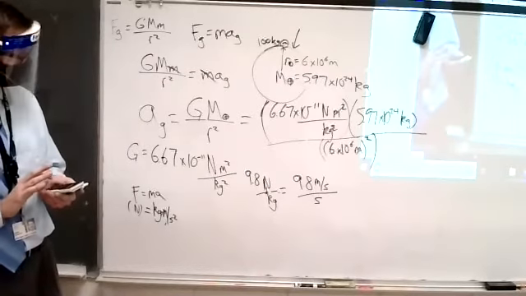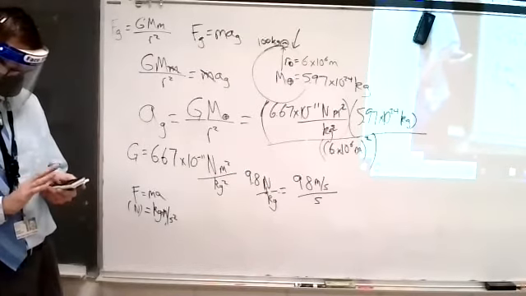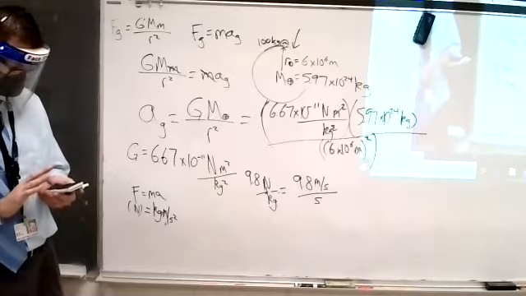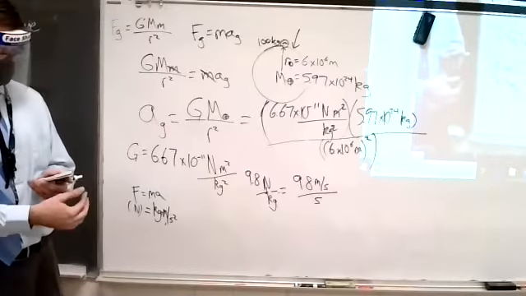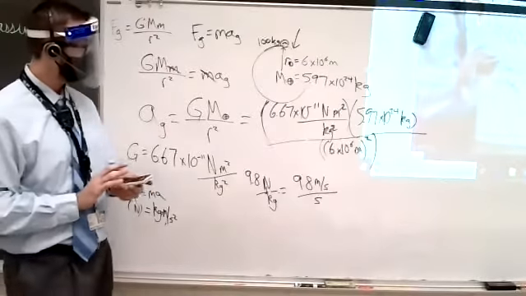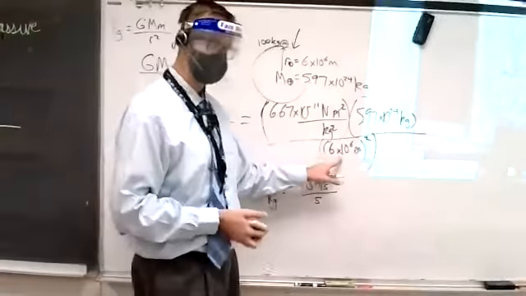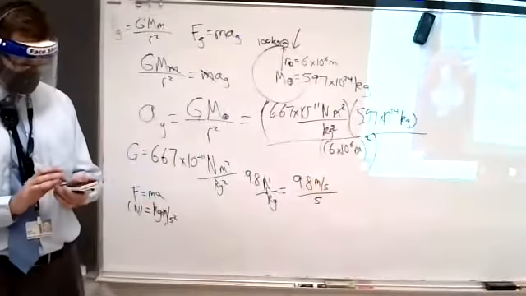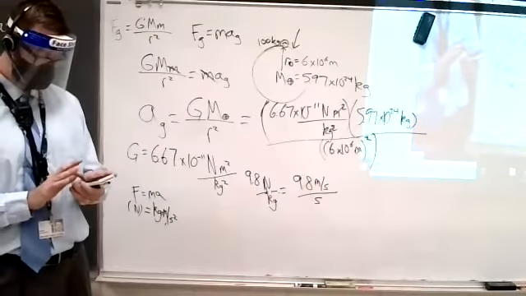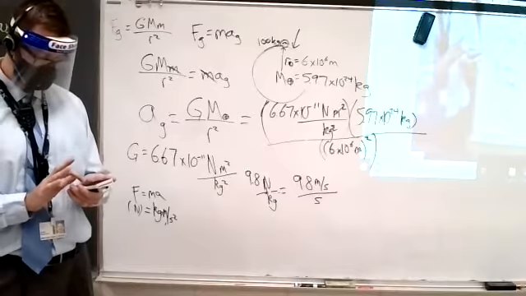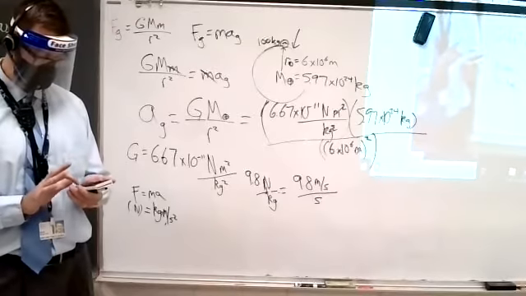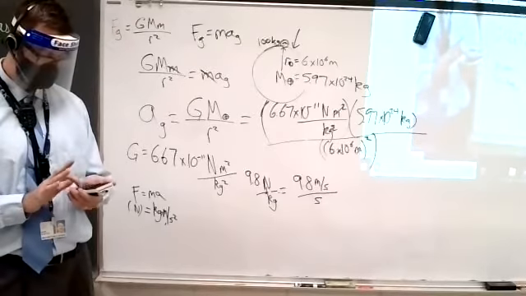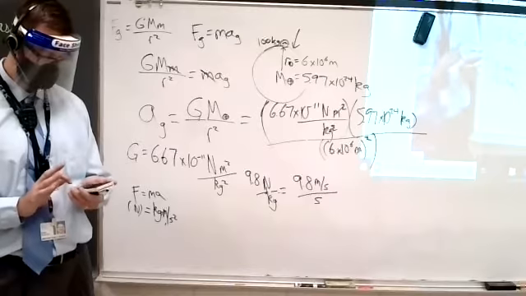Divided by double open parentheses 6 times 10 raised to the 6, close the parenthesis, square it. That's not right. Let's try this. 6.67 times 10 raised to the negative 11 times 5.97 times 10 raised to the 24.